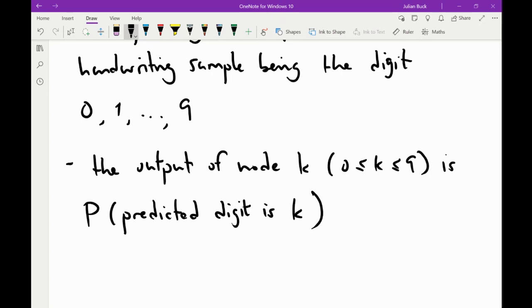It's going to predict the probability that a given handwriting sample is a particular digit. Maybe if you've got a very nicely drawn 0, it gives you a probability of 0.99 that it's a 0, and then 1% spread out over all the others. So that's how outputs would work for that kind of classification algorithm.